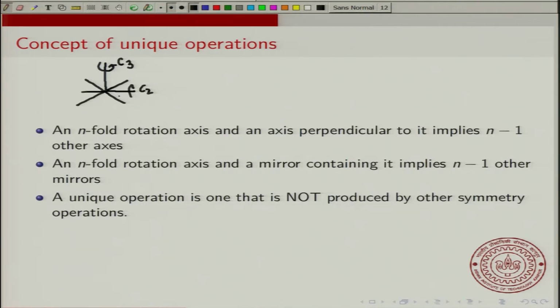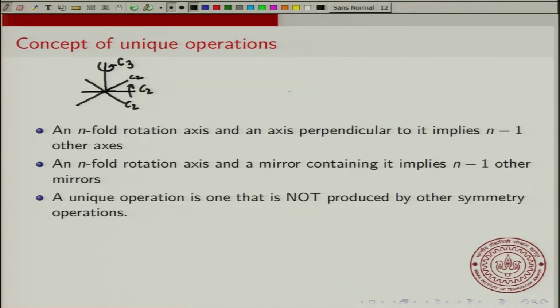So in a sense one of these C2 axes is unique, the other two are implied by the presence of the perpendicular C3. This gives you an idea of where the concept of unique axis comes from.